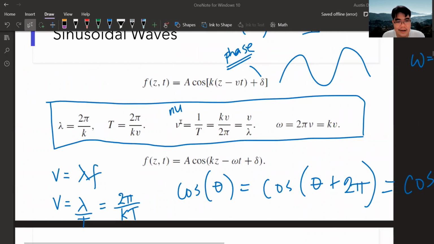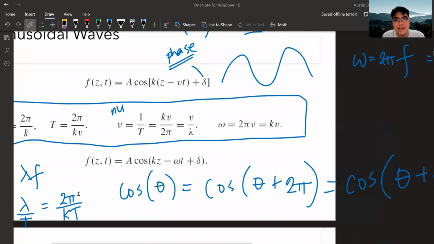F gagamitin ko. Nakakalito lang kasi may f of something dito. Pero mamaya hindi naman natin gagamitin yung mga f of f, dahil yung mga waves natin would be electric field and magnetic field. So, E tsaka B yung gagamitin natin mamaya.